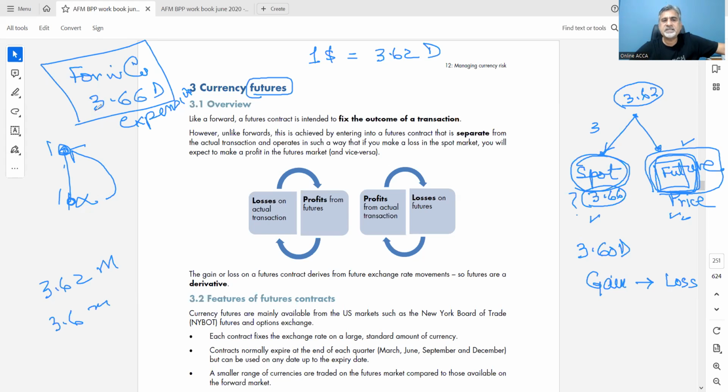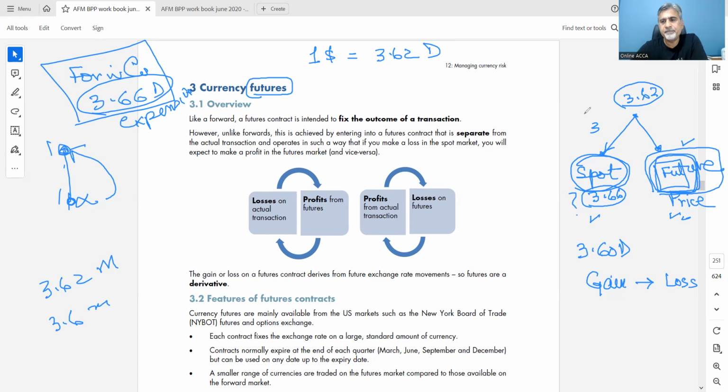I make myself locked at 3.66, and I don't care whether the market goes to 4 or to 3. I don't make a gain, I don't make a loss. I only get my dollars at the fixed price mentioned in the contract. This is a forward contract.